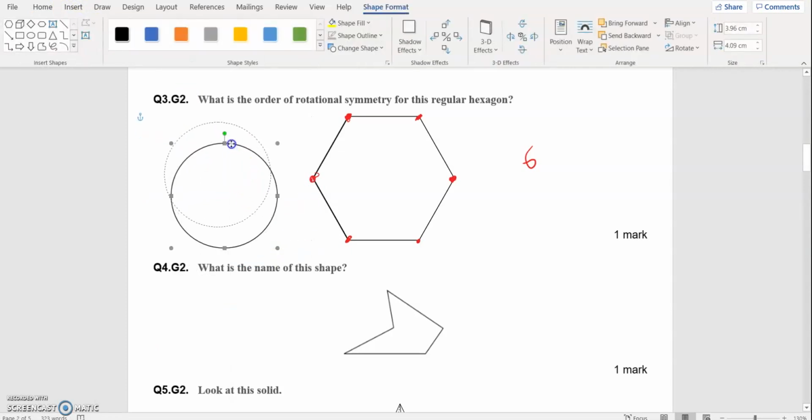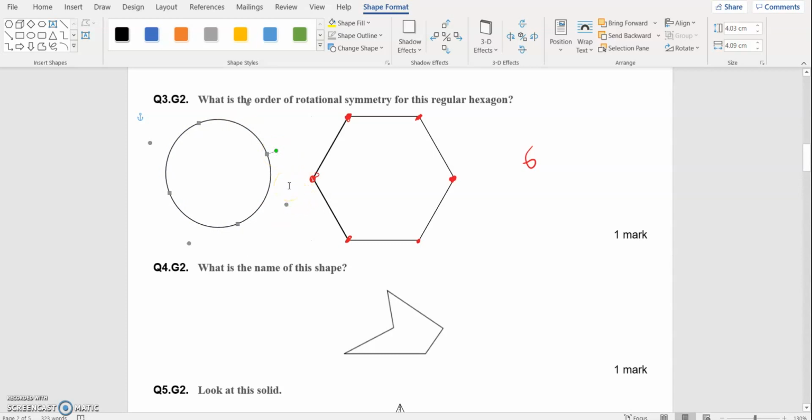A circle, you can rotate as many times as you wish, as many degrees as you wish, so you can keep rotating. And it falls into place each time. If you keep doing this in small steps. So a circle has an unlimited order of rotational symmetry.